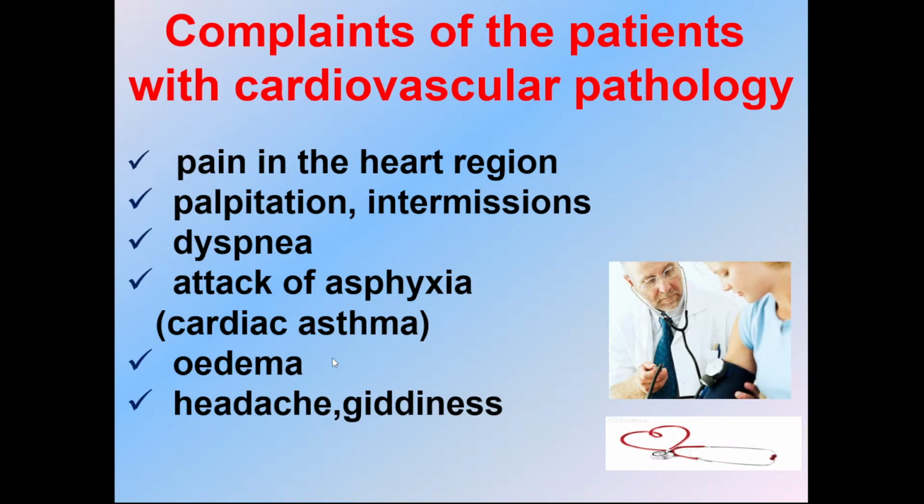A patient with heart pathology sometimes can feel sudden attacks of asphyxia, but if in respiratory system pathology we spoke about bronchial asthma because the cause of asphyxia was obstruction of the bronchus, in a patient with cardiovascular pathology the attack of asphyxia is called cardiac asthma, because of a problem in the alveoli due to slower passage of blood or sometimes congestion in the lesser circulation, blood absorbed into the alveoli.